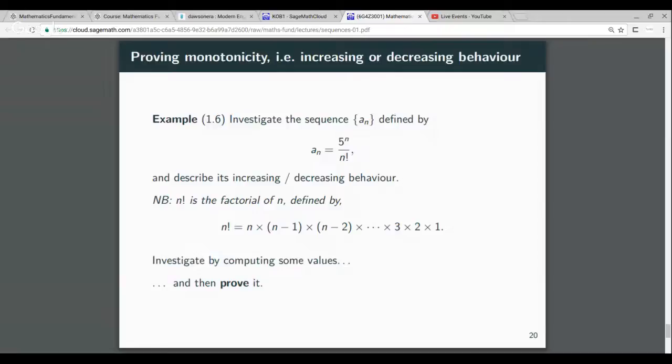So, i.e., we're saying a_{n+1} is greater than or equal to a_n for a little bit at the start, but thereafter a_{n+1} is going to be strictly less than a_n for every n bigger than or equal to 5. So it's increasing for a short time at the start, but really, the sequence as a whole, after the start, it's really a decreasing sequence.